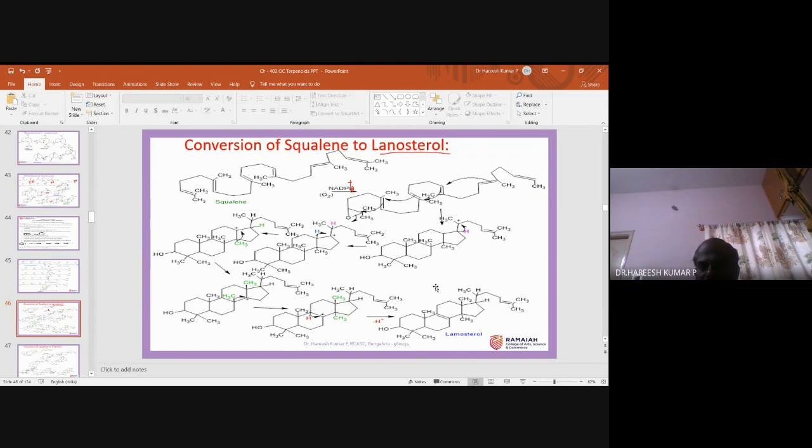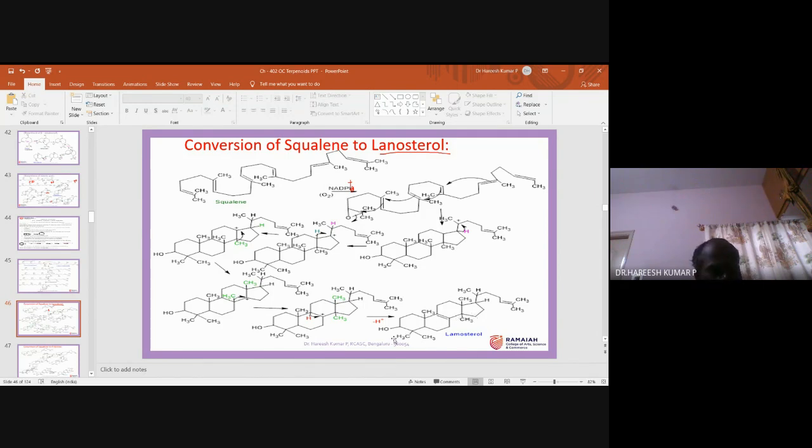Lanosterol is a sterol. Sterol functional group means gonane, that is, cyclopentano phenanthrene. Perhydro means there is no double bond. So the perhydro cyclopentano phenanthrene skeleton is called the gonane system.